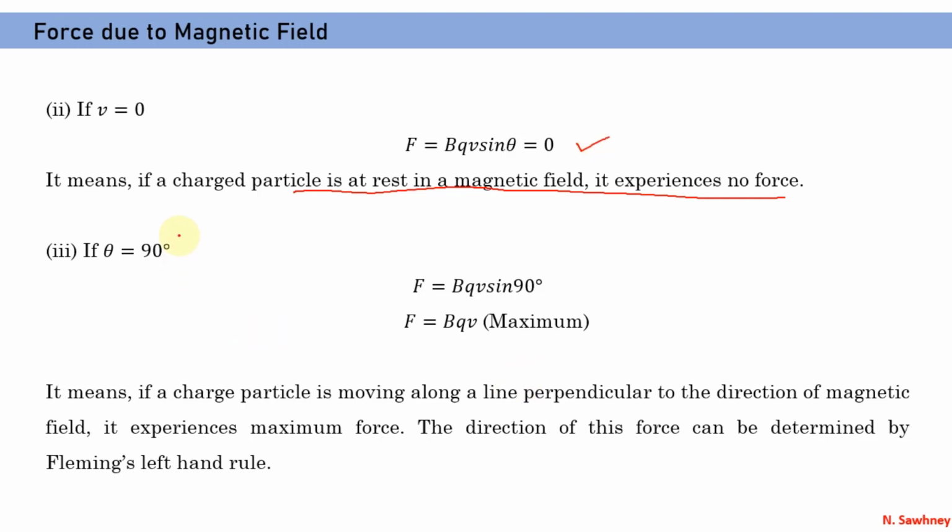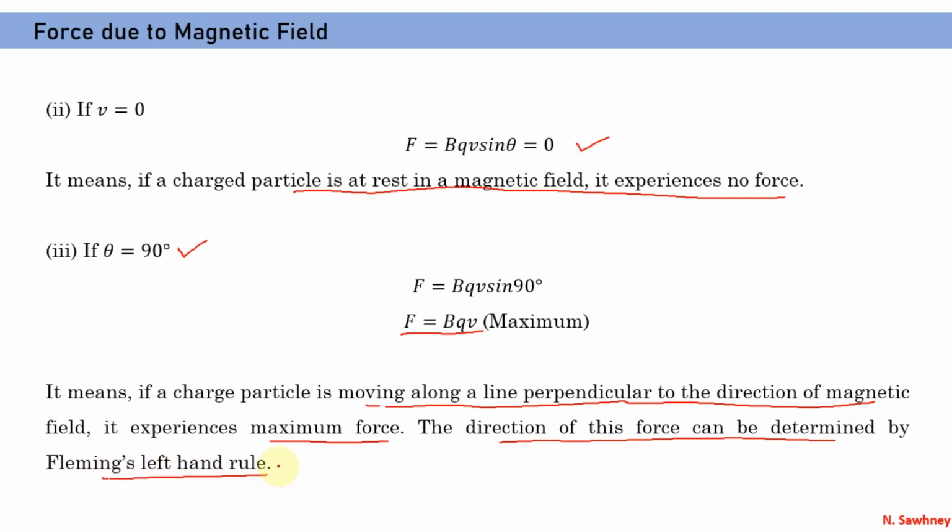If the charged particle is moving at an angle of 90 degrees, then the force will be maximum. It means that if the charged particle is moving along a line perpendicular to the direction of the magnetic field, it will experience maximum force, and its direction can be determined by Fleming's left hand rule.